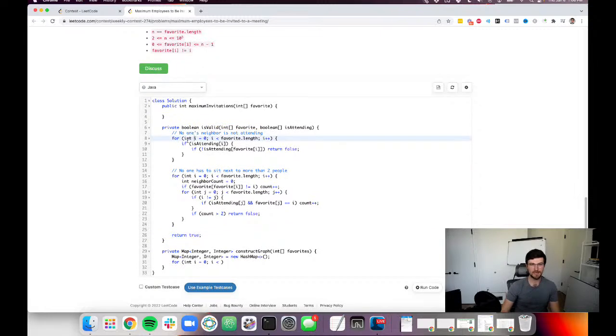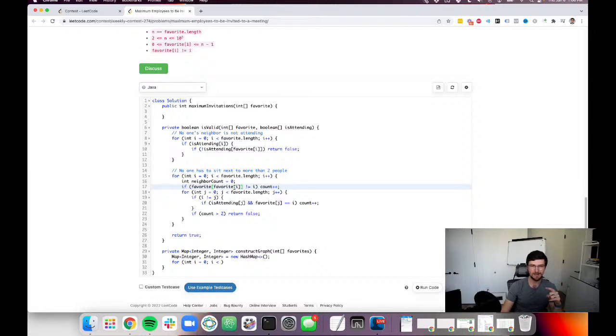So what we essentially did here is check all the neighbors, whether the person that someone wants to sit next to is attending. Then for each person, if they're pointing to someone who is not also pointing back to them, that's one of their slots that are available.